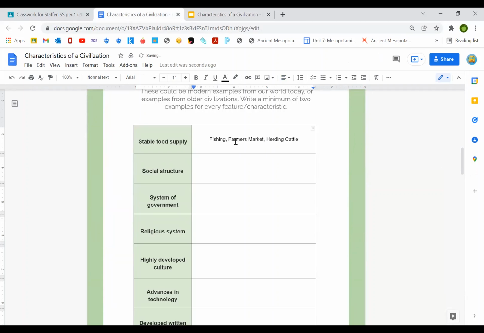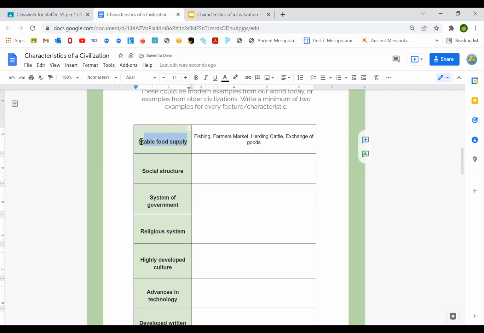So think of examples where there is plenty of food to go around, a surplus of food. How do we know that? What's the evidence? Farmers market, herding cattle, fishing, exchange of goods. Think of things like that.